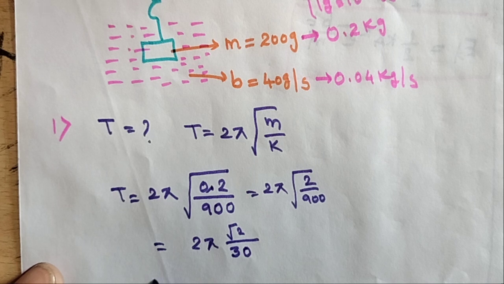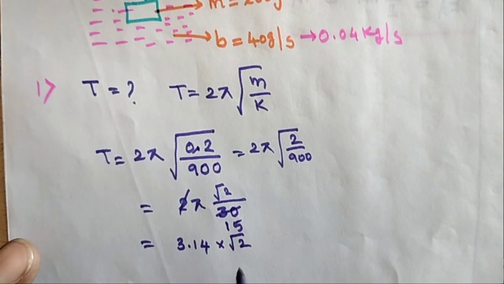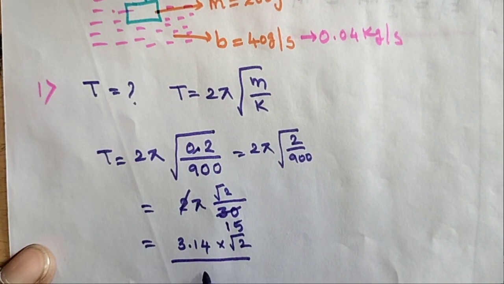Here 2 ones are 2, 1 5 are. T is equal to 2π into root 2 by 1 5, with π equal to 3.14 and root 2 equal to 1.414.